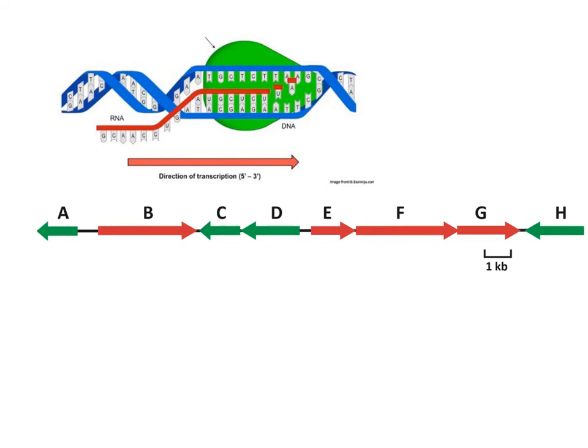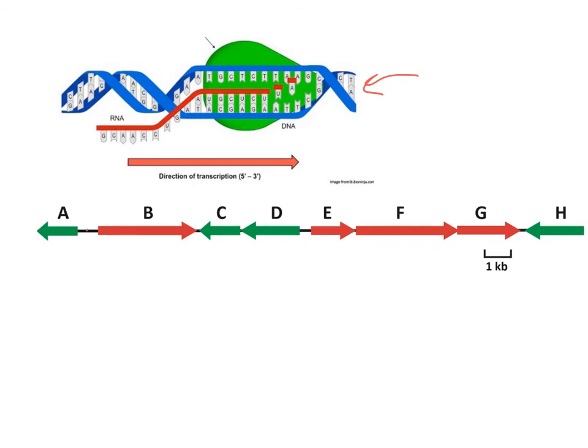If the gene is transcribed from left to right, like all of the genes here in red, then the coding strand for that gene must be on the top strand, just as we showed earlier in those initial schematics on transcription. So if the gene is transcribed left to right, as all the red genes will be, then that means that the promoter sequences have to precede the gene.